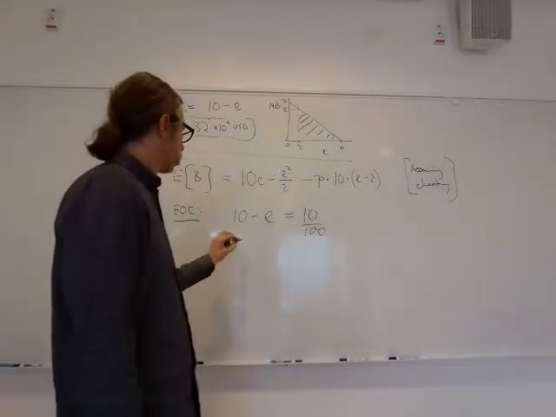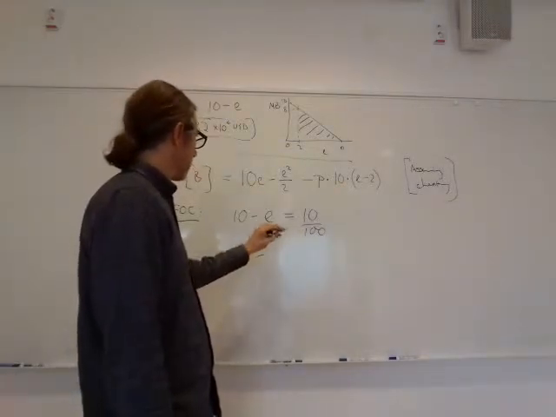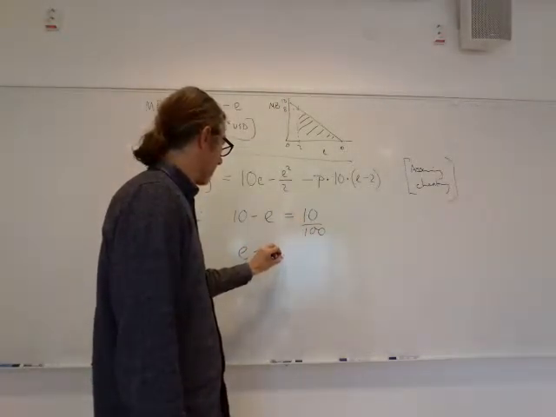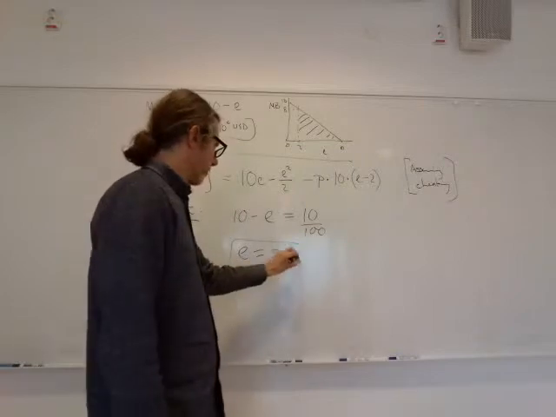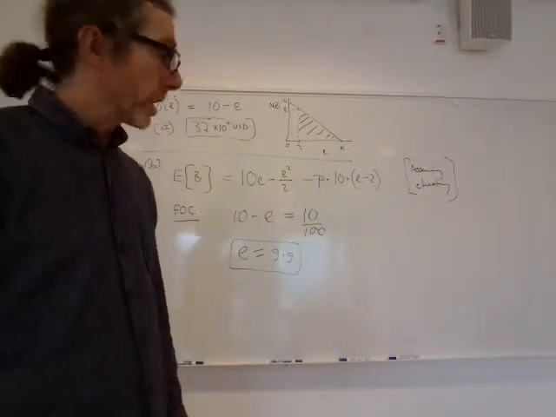Ooh. Is this right? So then at this rate, E is going to be 9.9. Let me check my crib sheet. Okay, that was right.